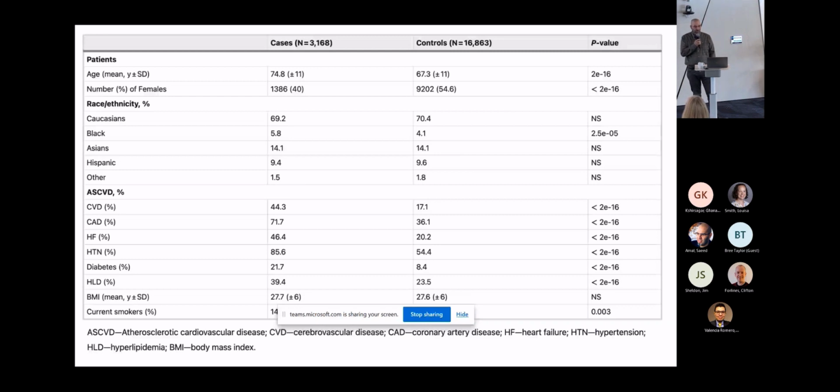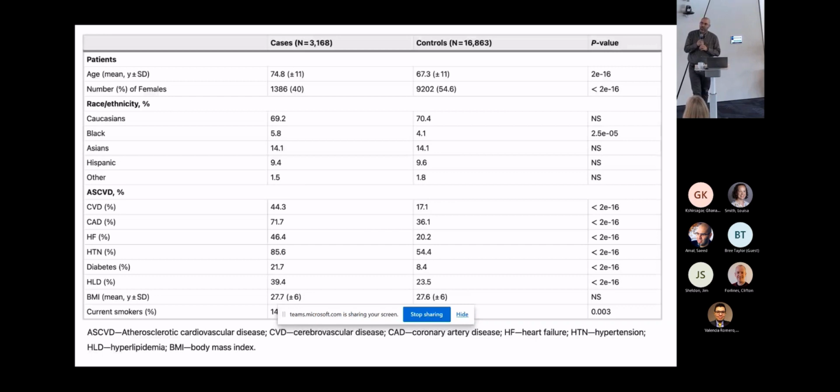In terms of the disease that the patient had, we see that cerebrovascular disease was significant, coronary artery disease, heart failure, hypertension, diabetes were all significant. The BMI was not that significant, and if the patient is a current smoker, then it was a significant feature.